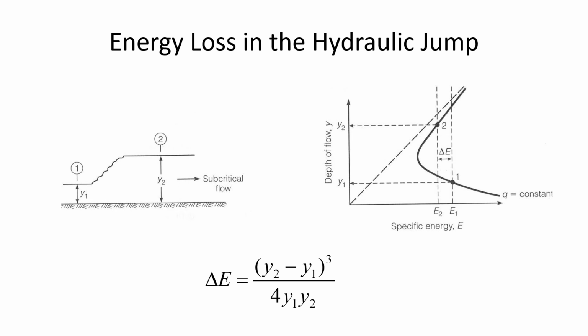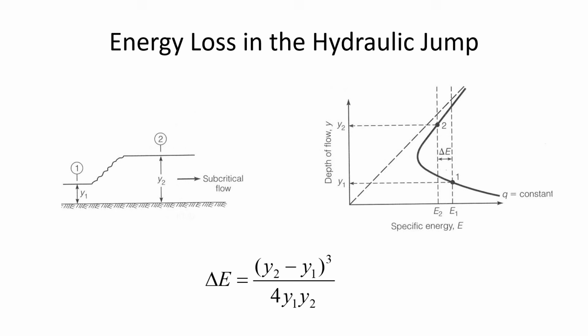But there are cases like downstream of spillways where we induce a hydraulic jump specifically to get rid of extra energy, because we don't want a bunch of additional velocity and energy scouring the channel and causing erosion and carrying sediment downstream. And so hydraulic jumps can be very useful in dissipating energy.